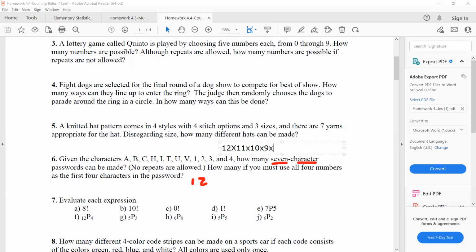Then 8, then 7, and then 6. That's one way to think about this option.